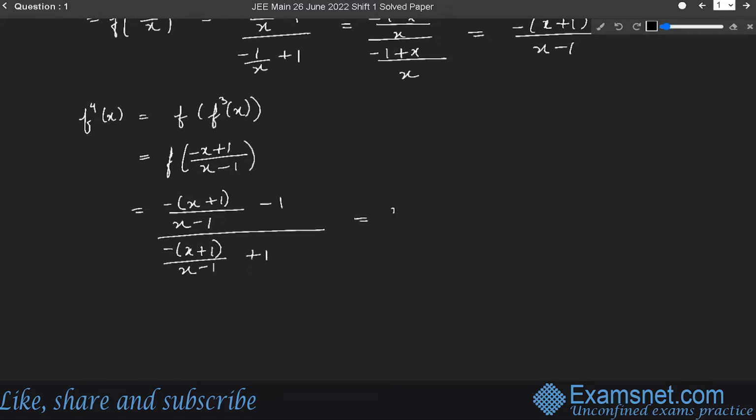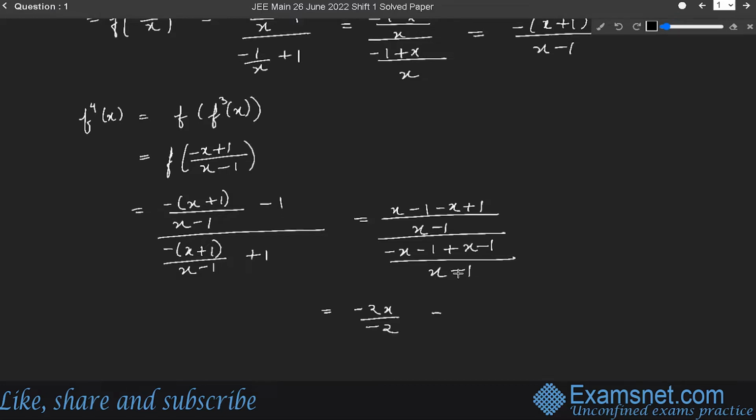Again it will be (x minus 1 minus x plus 1) divided by (x minus 1) whole divided by (minus x minus 1 plus x minus 1) upon (x minus 1). On further calculation, this will be minus 2x upon minus 2. So this will be equal to x.